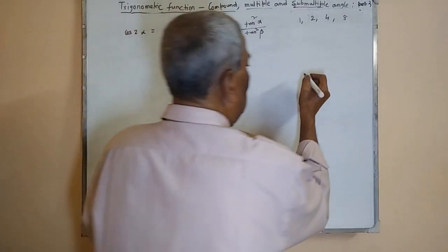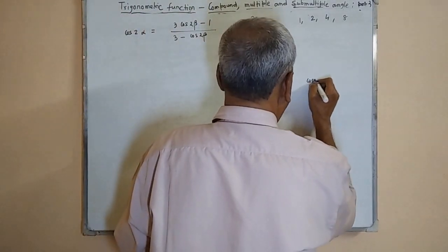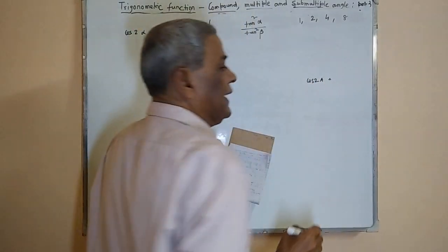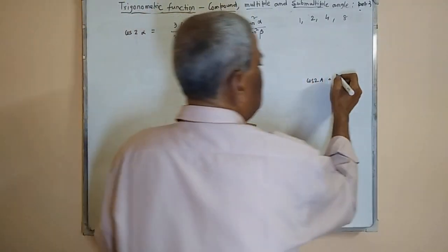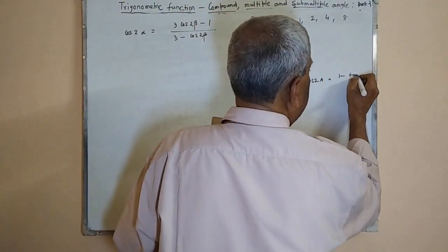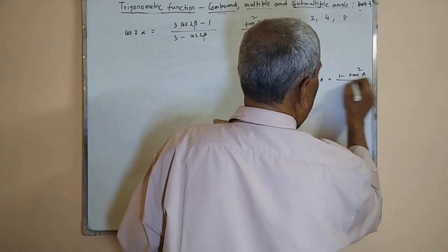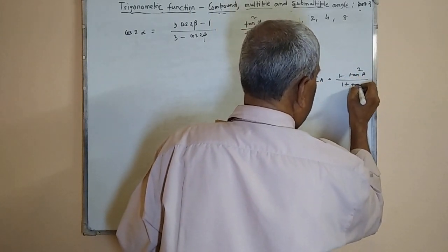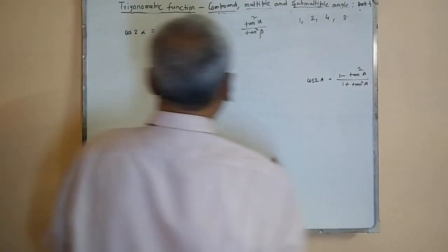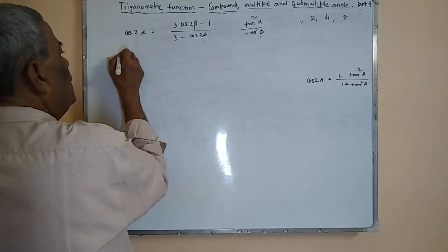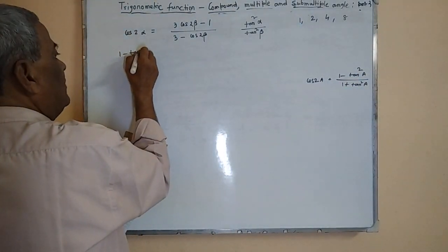We know that cos 2A in terms of tan square is 1 minus tan square A by 1 plus tan square A. So this is equal to 1 minus tan square alpha by 1 plus tan square alpha.